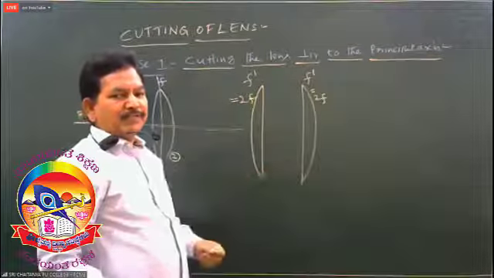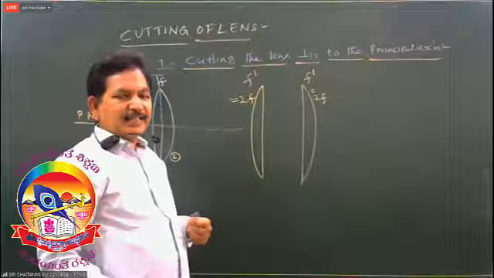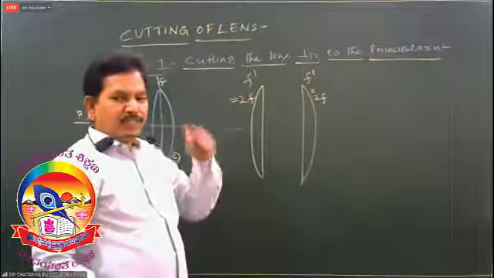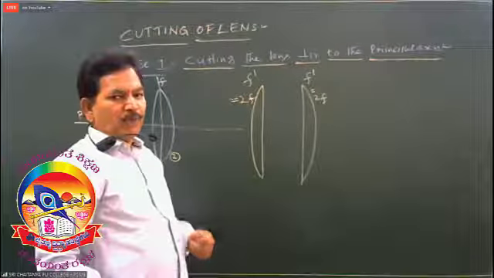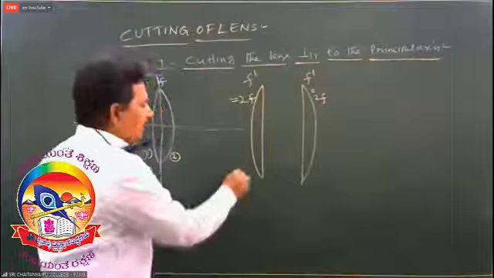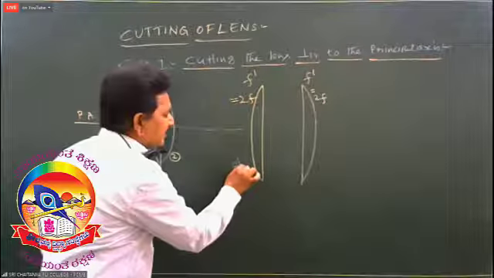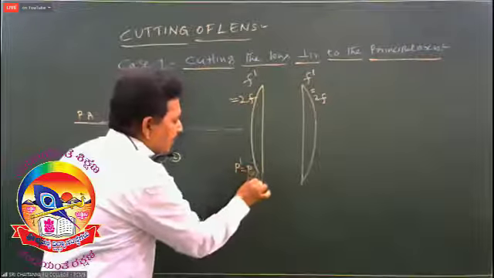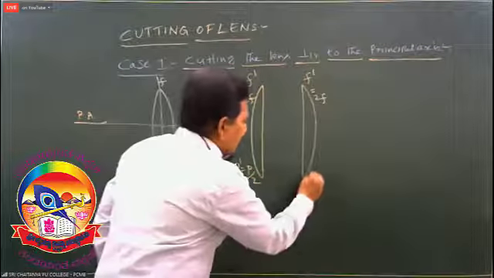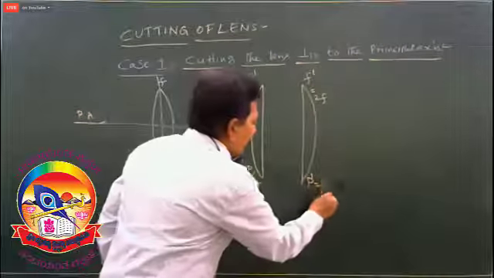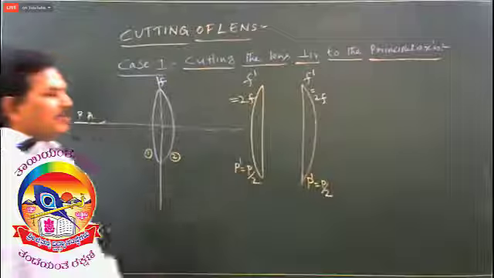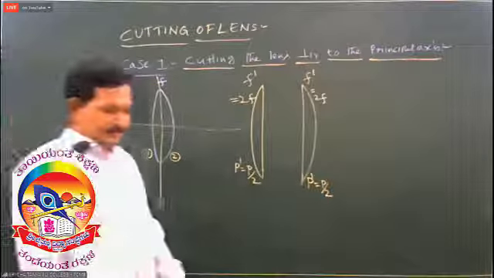But we know that whenever the focal length increases by twice, the power reduces by half. Reciprocal of focal length is called power. Then what is the power of this piece? P by 2. From this, what we have to learn?